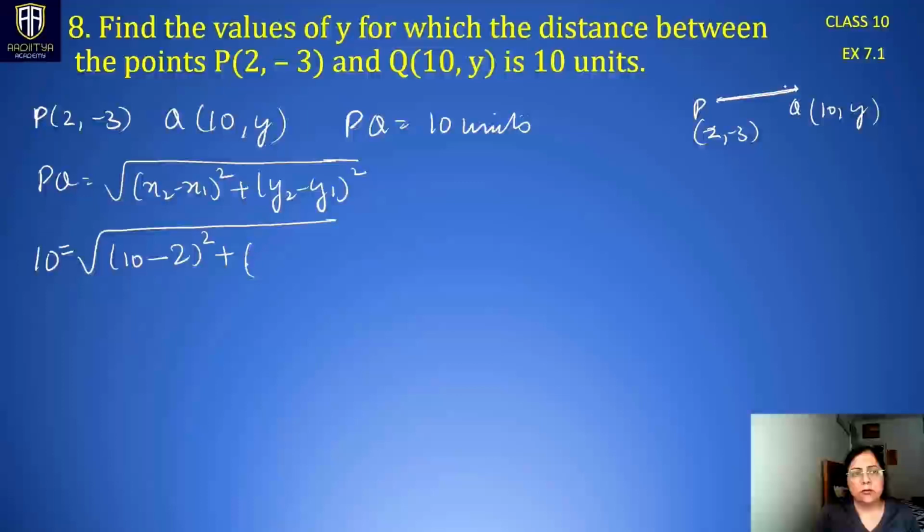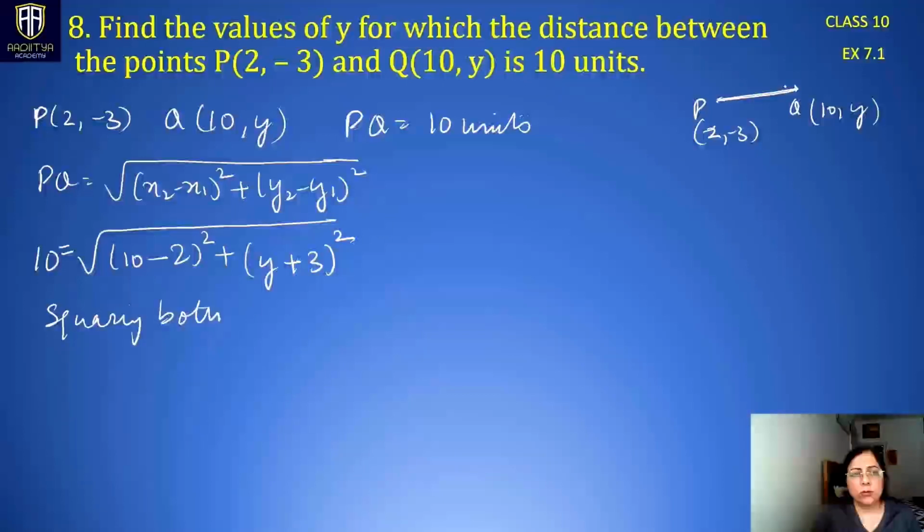Then y2 is y, minus y1 which is minus 3, so it becomes y plus 3 whole square. Right, now here we have to find the value of y. So the RHS here is under the root. What we can do is square both sides.